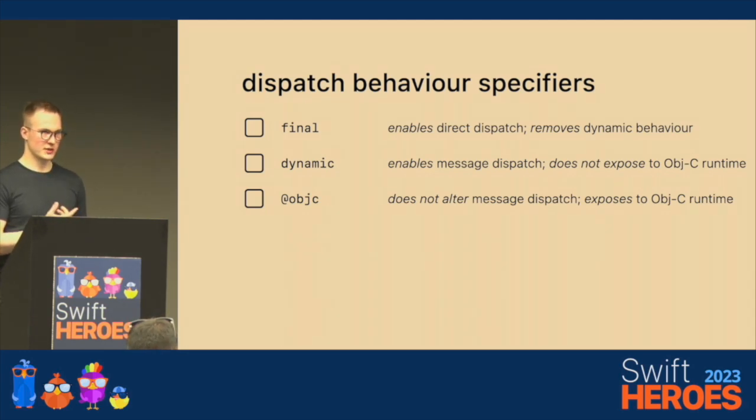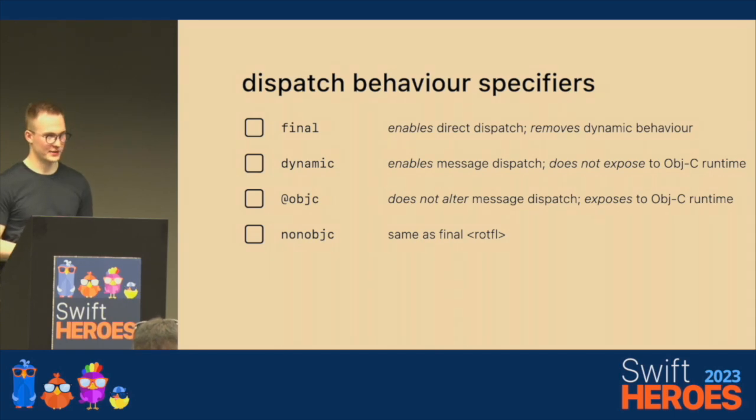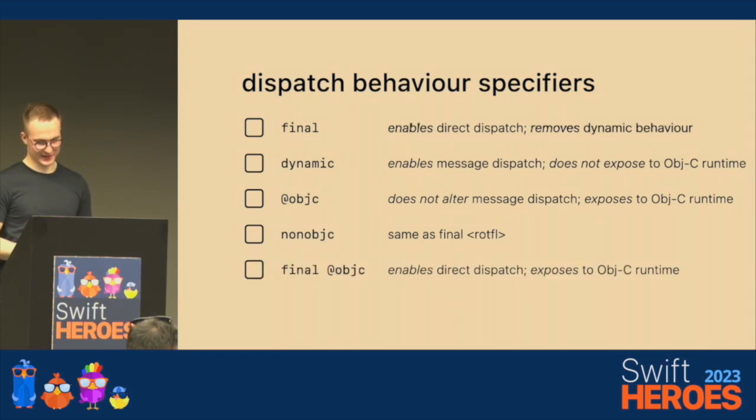It is the string that represents this function, and this is how the Objective-C runtime is accessing it. So it does not need to be dynamic when we need to call it without inheritance in other classes. The fourth one is @nonobjc, which is the same as final, so it's quite funny because it is redundant.